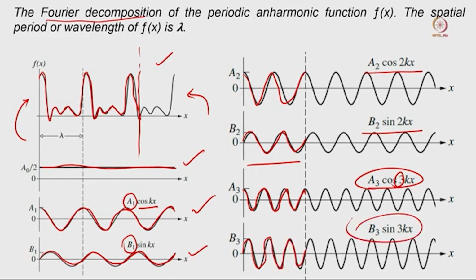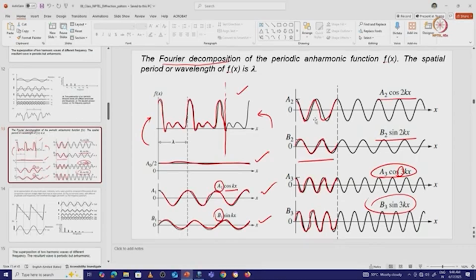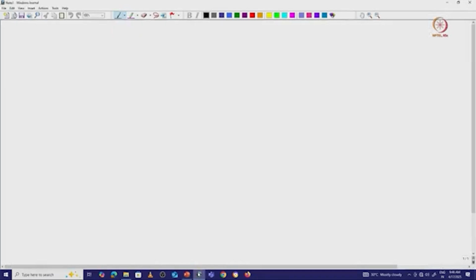Now, if we want to write a general formula from this, the best way is to have a function f of x. What kind of waves did we select?